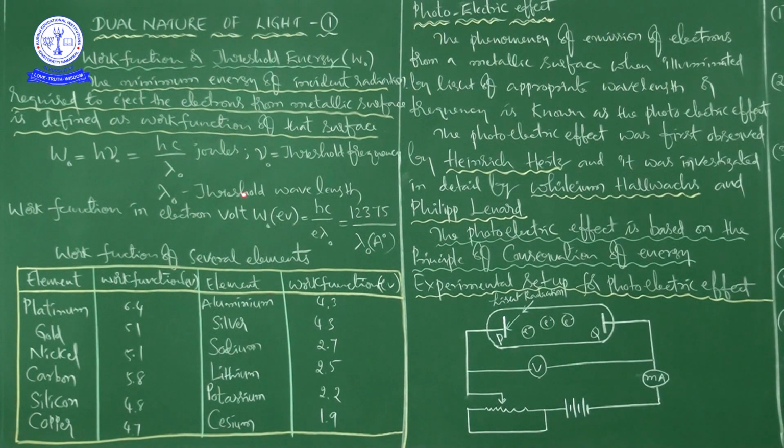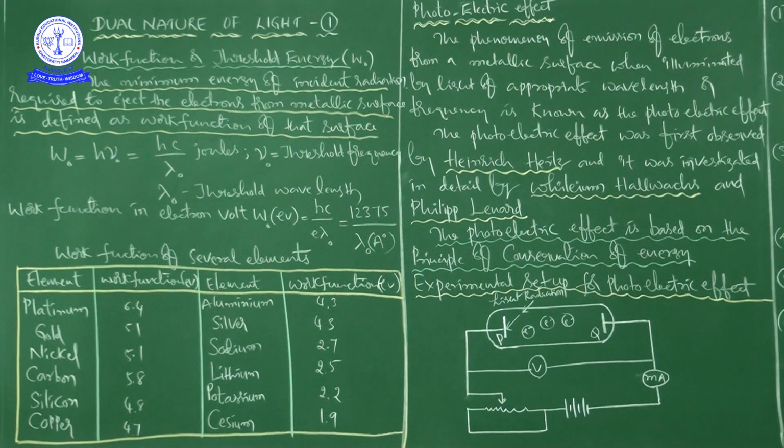Next, I'll tell you what the threshold frequency is, we will come to know. Till then you have to remember just that nu naught is the threshold frequency, and at the same time, lambda naught is the threshold wavelength. That is, the work function W naught is equal to h nu naught, that is equal to hc by lambda naught joules.